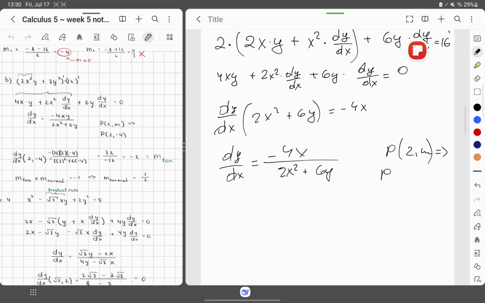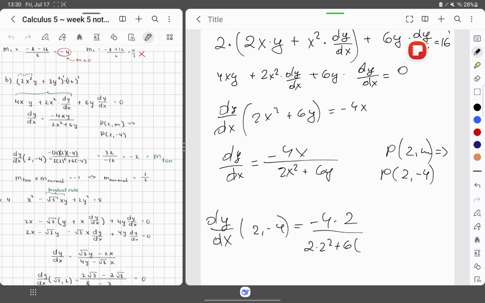So it is p at negative 4, and when we plug this into dy over dx, it will be negative 4 times 2 over 2 times 2 squared plus 6 times negative 4. It will be negative 8 over 8 plus negative 24.